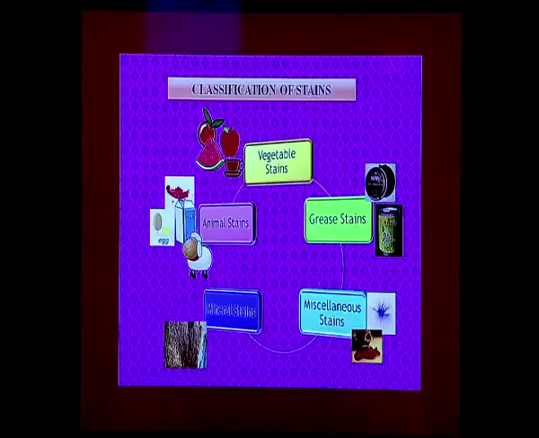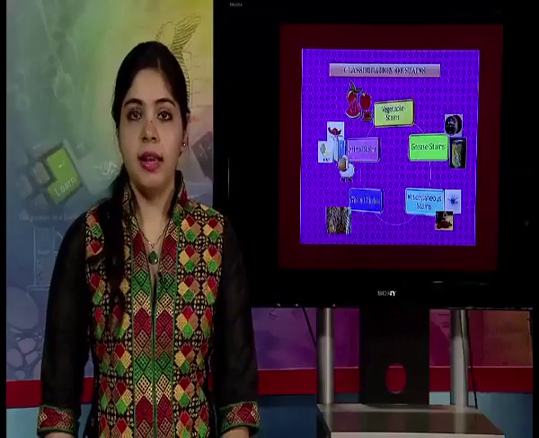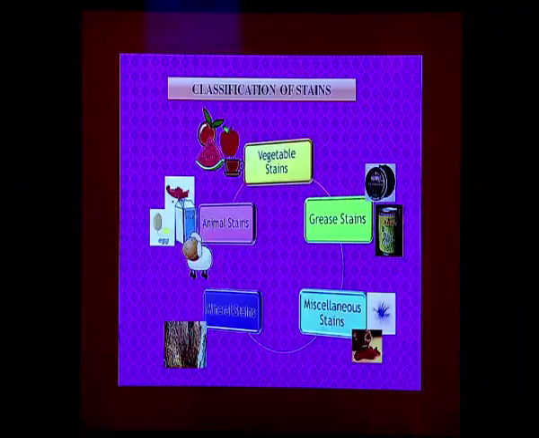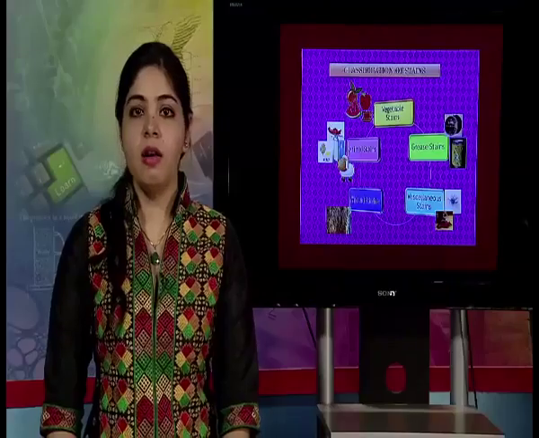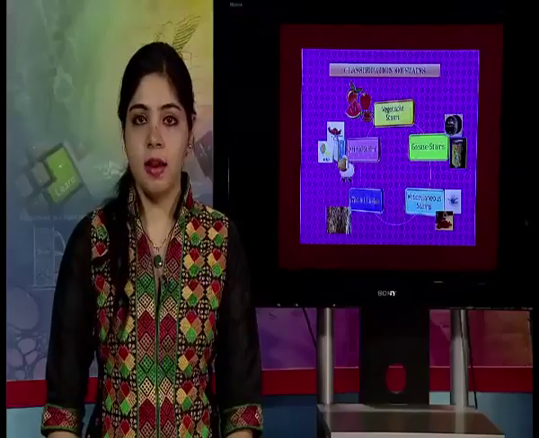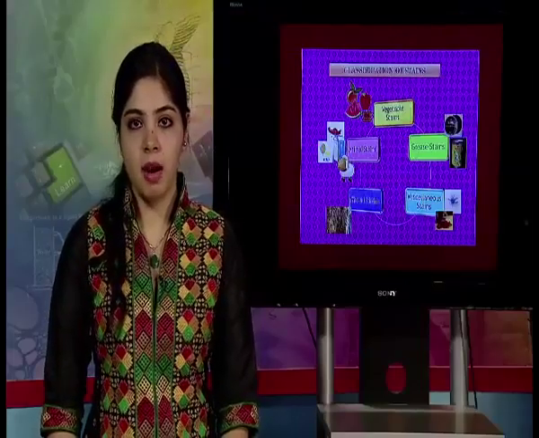There are various types of stains. First one is vegetable stains. Vegetable stains come from fruits, vegetables, tea, coffee. Next is animal stain. Animal stains come from animals, like from egg, milk, sheep, etc. Next is mineral stain. An example is asbestos, a rock kind of material available in the market.